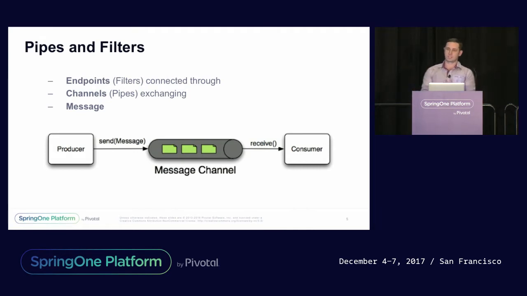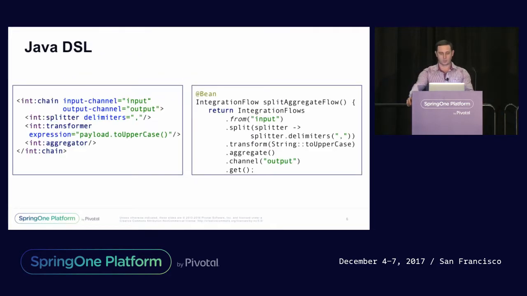We need to keep this model in mind when we develop any application based on Spring Integration, and also when we develop something inside Spring Integration, especially when we come to the DSL.